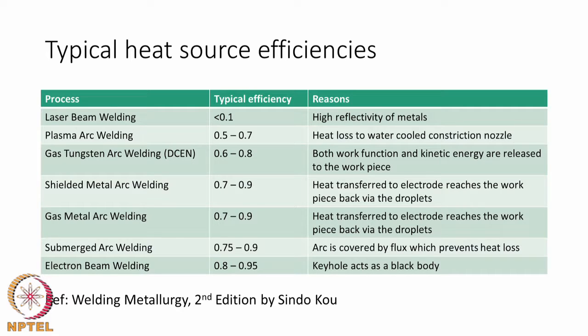The keyhole mode of welding normally taking place during electron beam welding has a vapor column, and the vapor column acts like a black body to absorb all the energy given by the beam. Therefore the entire heat is dumped into the material, and in that sense the efficiency of electron beam welding is the highest of all the welding processes.